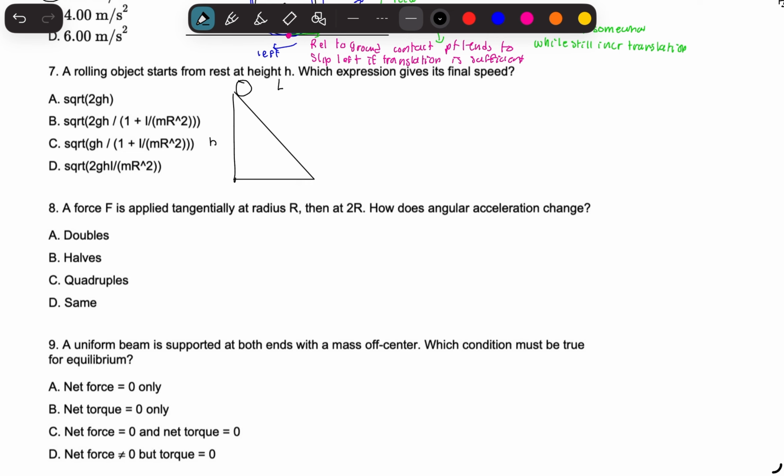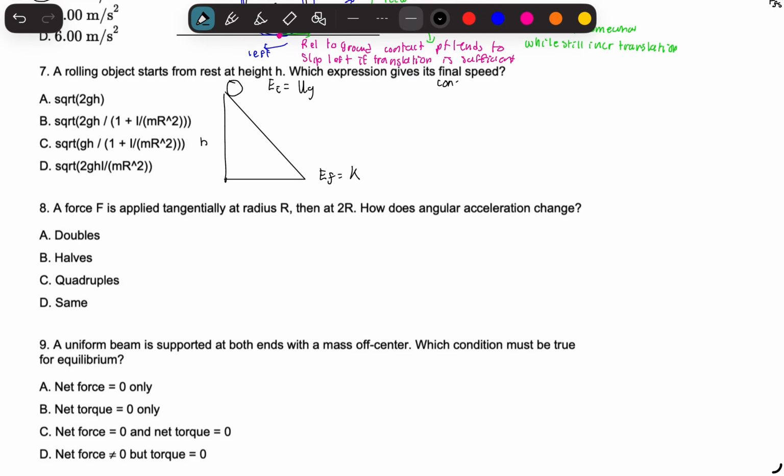We know that at the top, it's going to equal to Ug. At the bottom, you have K, right? So we have conservation of energy. Since at the top we just have Ug, and at the bottom we're going to have kinetic energy.